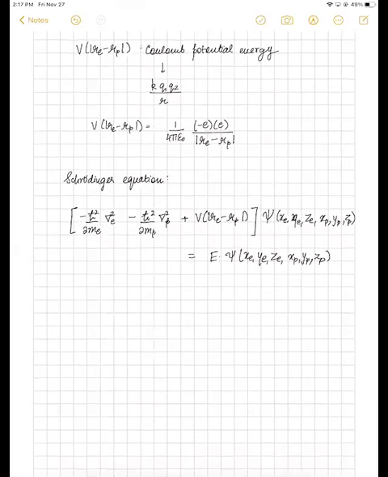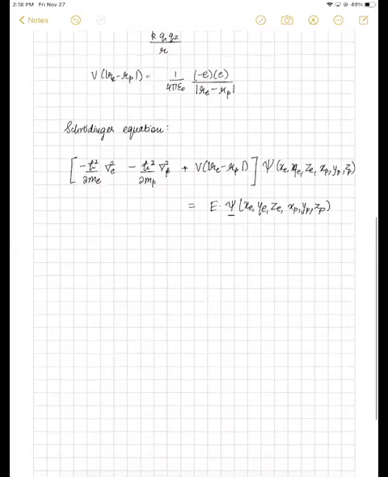Okay, so we have our Schrodinger equation now, but our psi is a function of 6 coordinates. So instead of solving this massive 6-dimensional equation, we want to find a way to break down this problem to, say, 2 equations, each of which is a function of 3 variables.